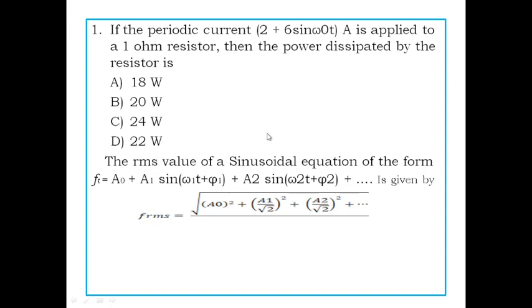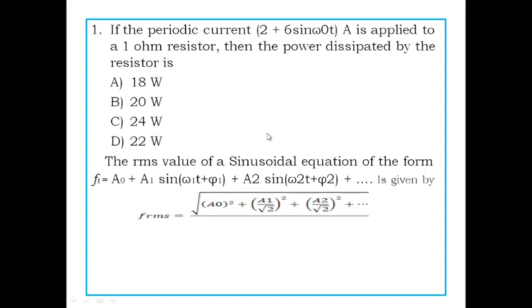So 6 square is 36, and root 2 square is 2. So 36 by 2 is 18, 18 plus 2 square, that is 4, 18 plus 4 will be 22. So I RMS will be square root of 22.